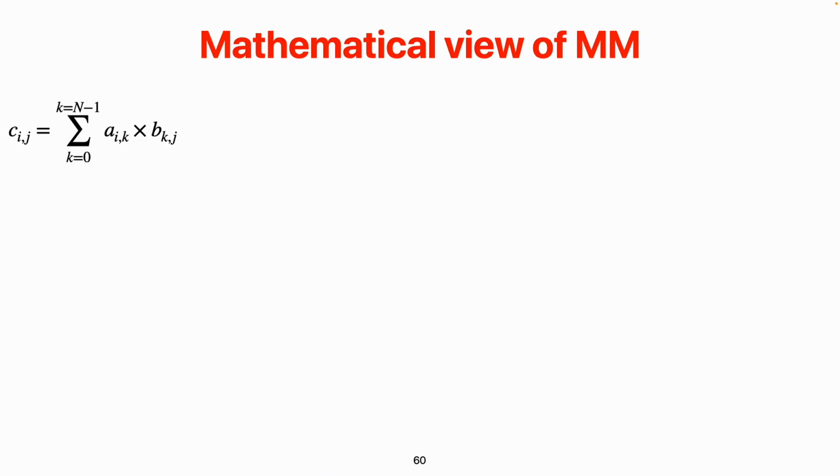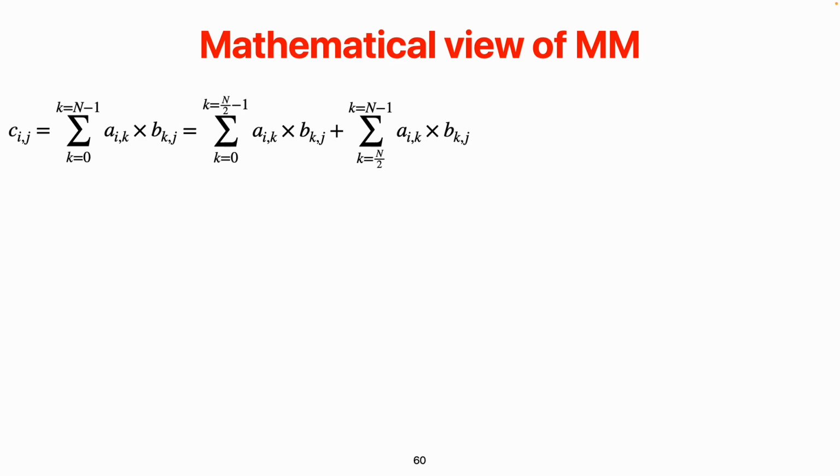So let's do a little bit of mathematical study. This is the definition of matrix multiplication. If I want to compute Cij, it's a sum of Aik multiplied by Bkj from 0 to n, assuming the size of k is n. We all agree with that, right? You can split it into 2 parts.